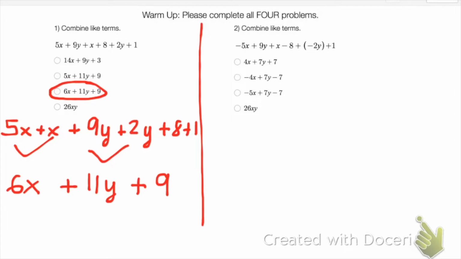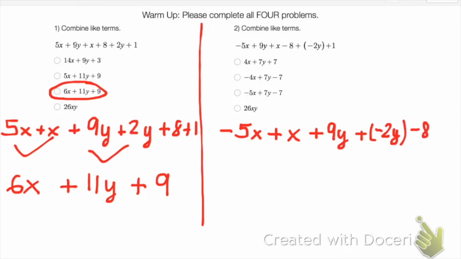For number 2, we're going to rewrite the problem and combine the like terms. So negative 5x plus x is going to go together, plus 9y plus negative 2y, minus 8 plus 1. So negative 5x plus x equals negative 4x. 9y plus negative 2y is going to be 7y.